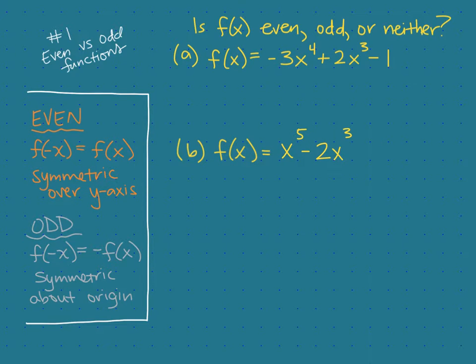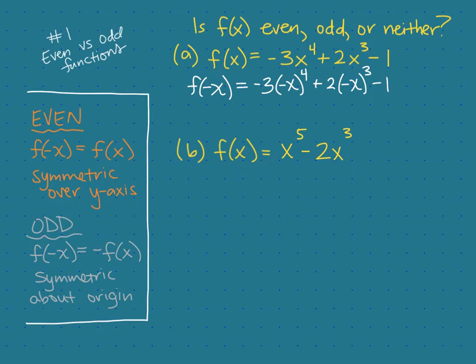These are algebraic, so we want to find f of negative x. So we're going to plug in negative x. When we plug in negative x, we plug it in here, raise it to the fourth. We plug it in here, raise it to the third, and it doesn't get plugged in here.